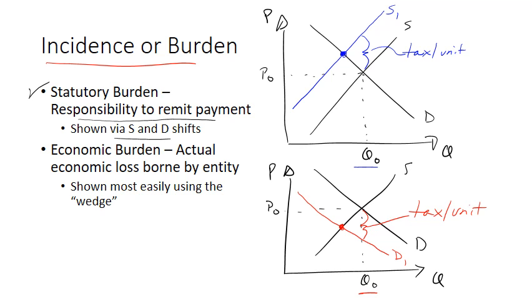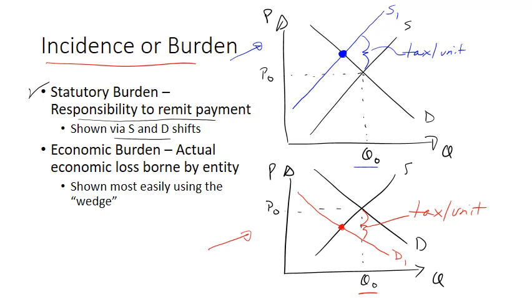On the bottom graph, for the consumer, this is the price that they actually are going to end up paying the producer. But they have to still submit payment over to the government. Up here on our top graph, this is our price that's received by the producer, but part of that price then has to be submitted back to the government as a tax.